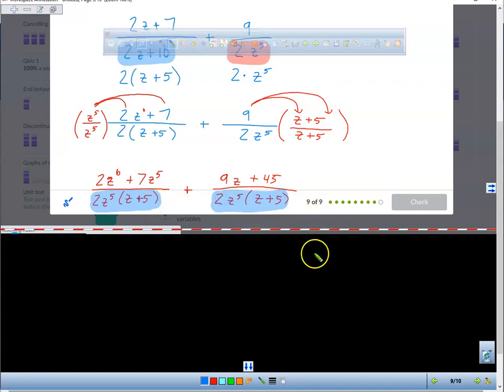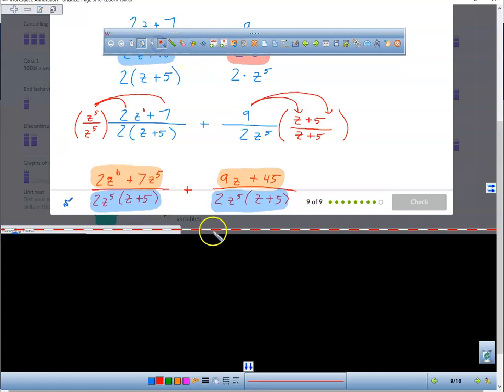So once they match, then we can add everything in the numerator. We're going to take all of this and add that right there. Would you guys agree there are no like terms? There's nothing we can combine.